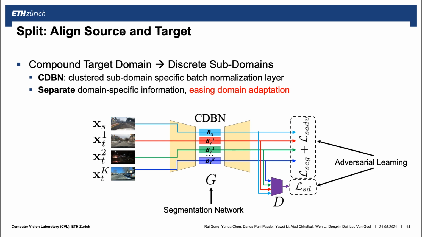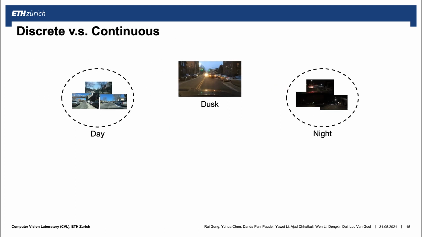For each of the subdomains from the cluster module and the source domain, we have one single normalization layer. It separates the domain-specific information to help train more domain-invariant features, easing the domain adaptation task.